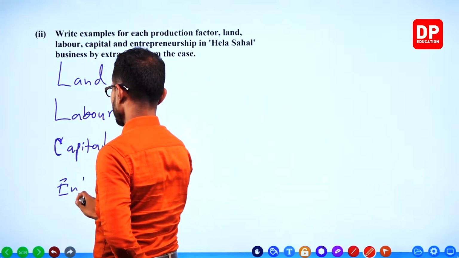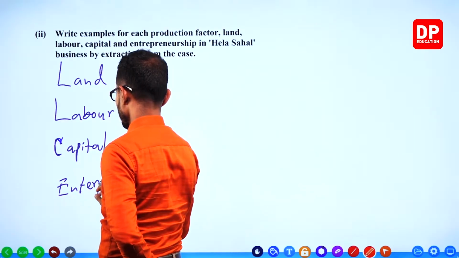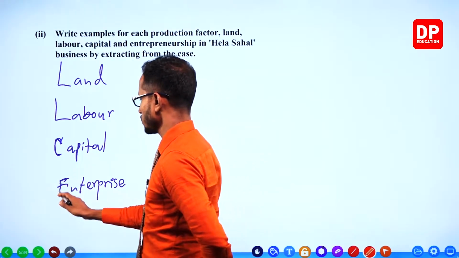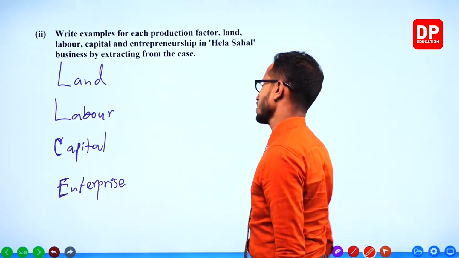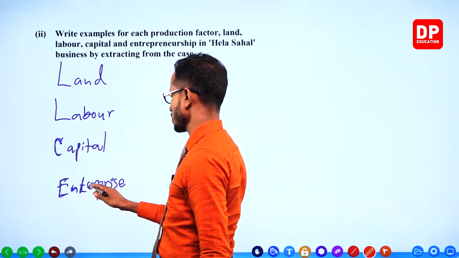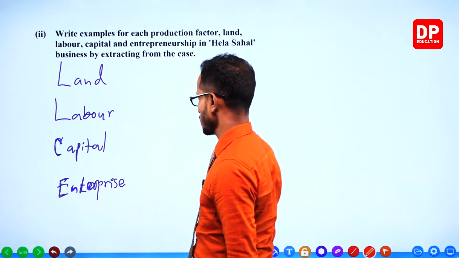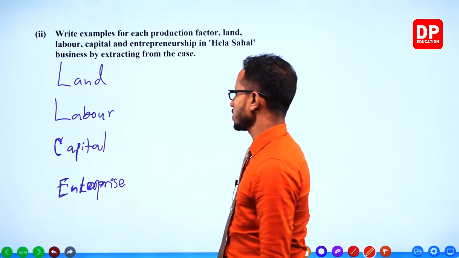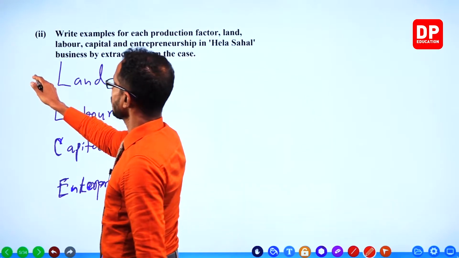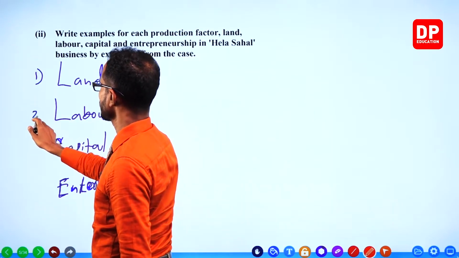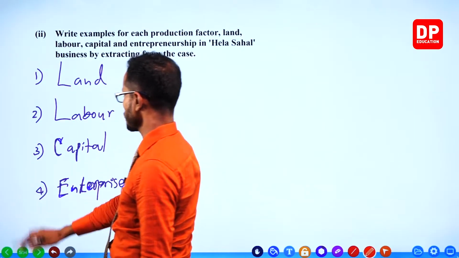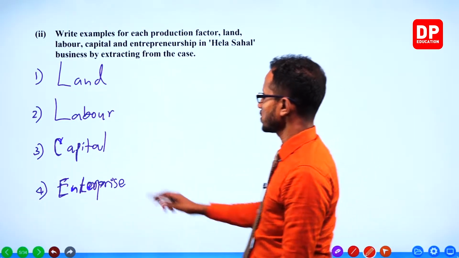What are these? These are the 4 factors of production. 1, 2, 3, 4. 4 factors of production, right?